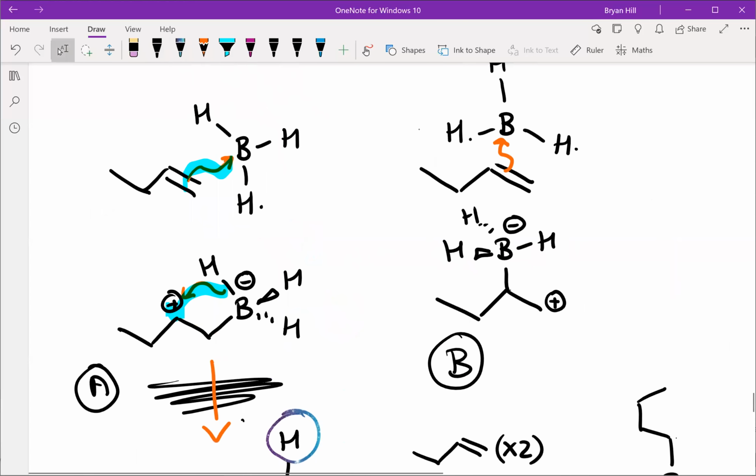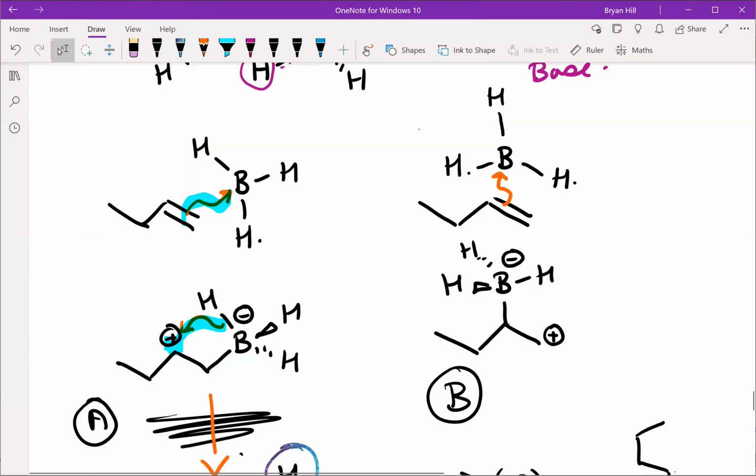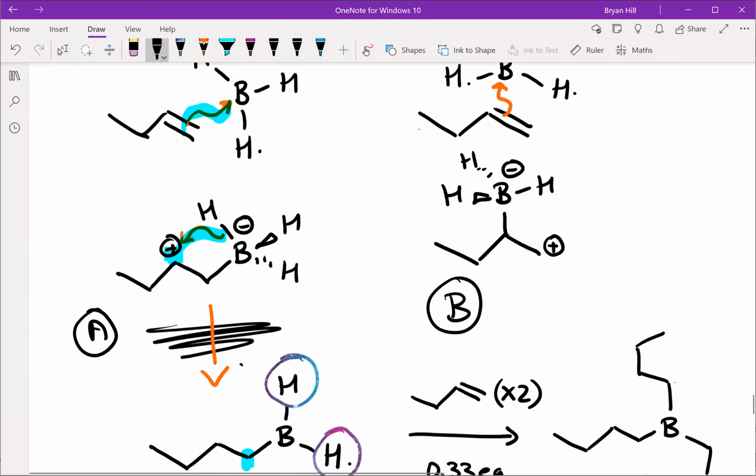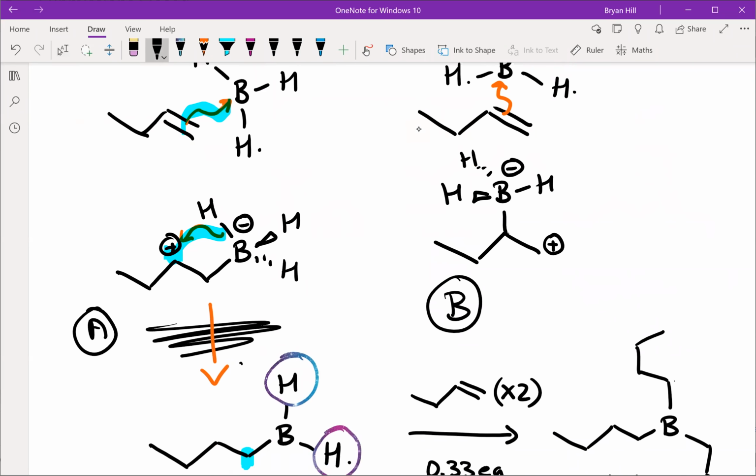Okay, so in this step here, the way I drew it, where I formally drew a carbocation, which isn't technically correct, I was wanting to show why the boron goes onto one carbon and not the other.